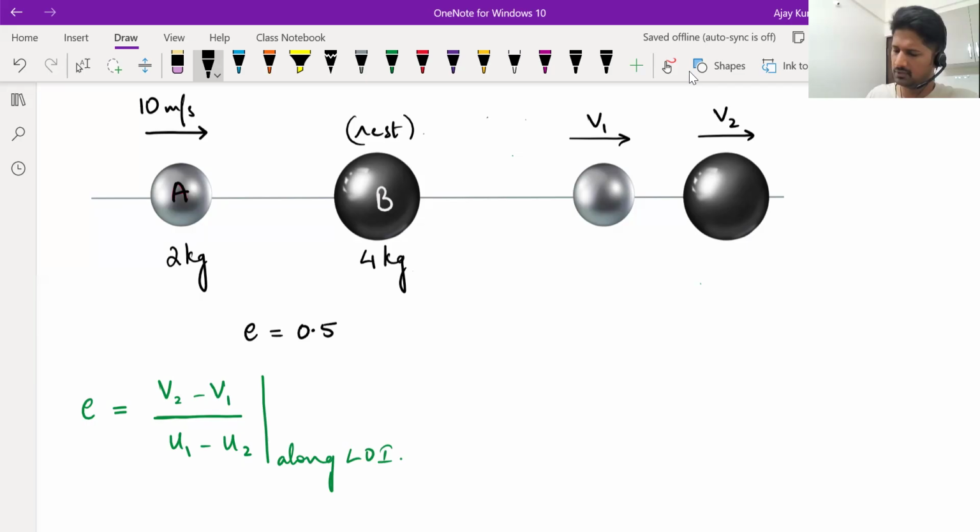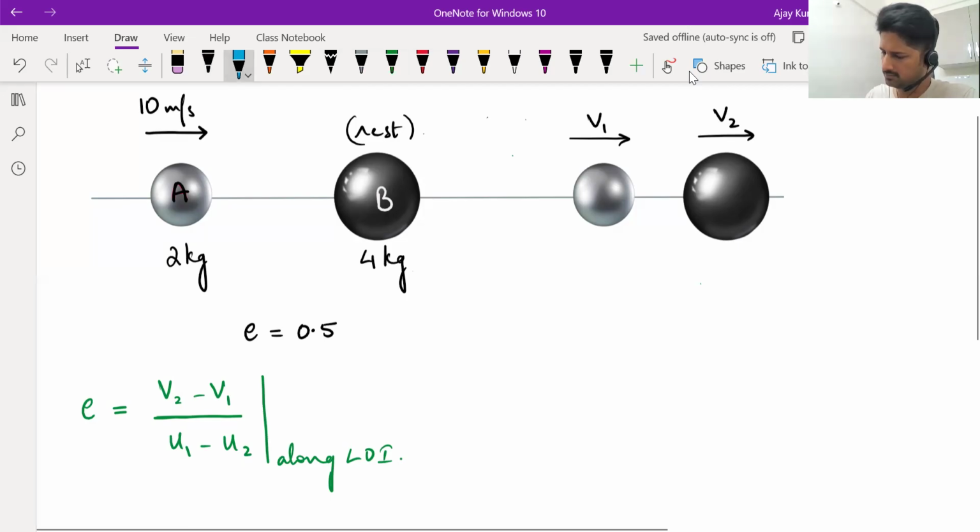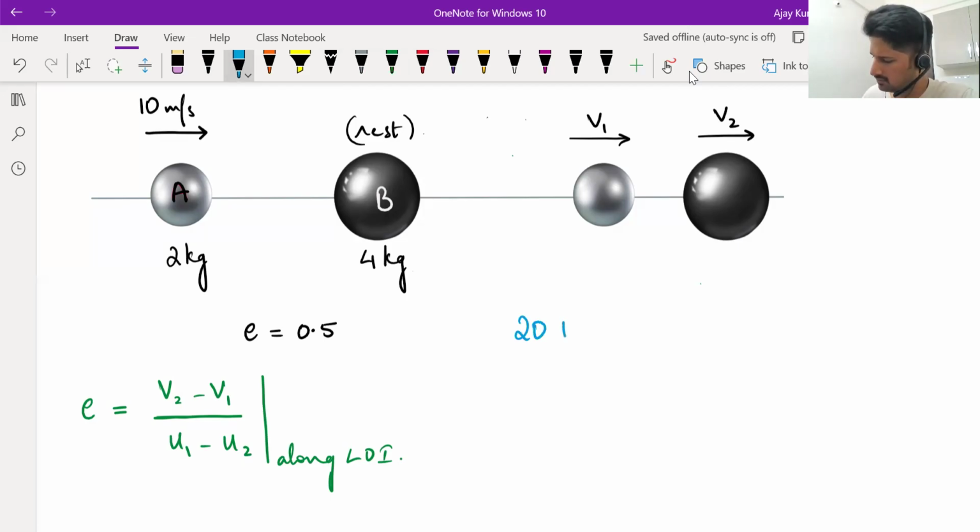Rishi, tell me how you'll write the linear momentum equation in this case. The P initial will be 20 plus 0, should be equal to... why 10 minus?